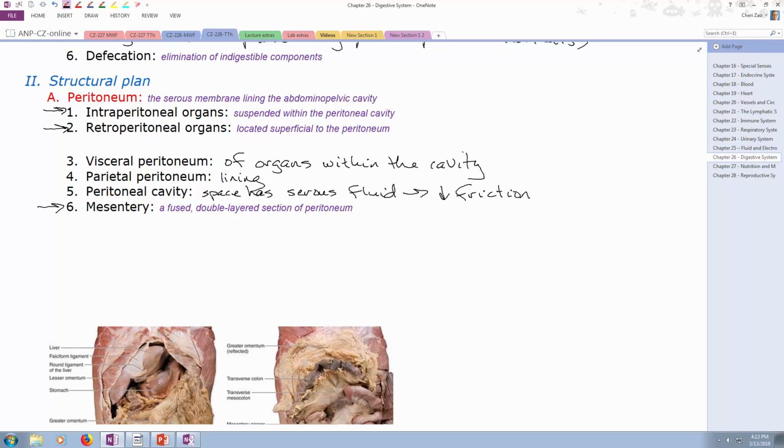And most people, when they hear the term retroperitoneal, retro means behind, right? The past. Well, one of the things I want you to understand is that it's superficial to the peritoneal cavity, because there are some organs that are on the anterior aspect of our peritoneal cavity, and for us that's the bladder. And when you dissect out your cats, the problem that you have with the cats is that you think that the human bladder is like the cat bladder.